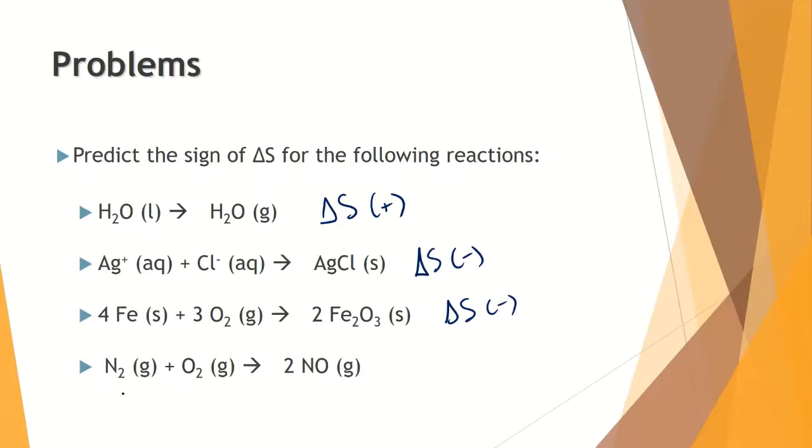In this last one, I've got two gas molecules, nitrogen and oxygen, turning into two other gas molecules of nitrogen monoxide. The change in delta S, that one we can't really predict just by looking at the chemical equation. For that, we need to use the standard molar entropy values, which are found in most reference texts.